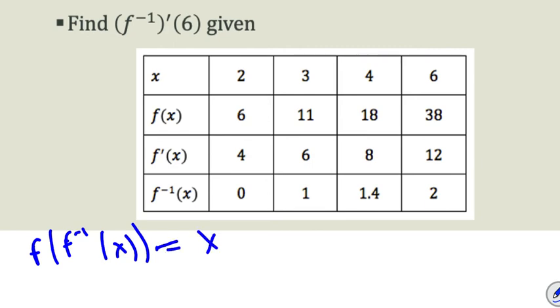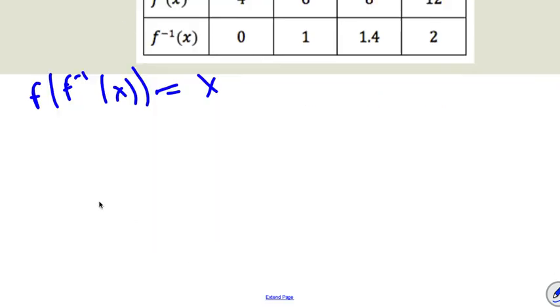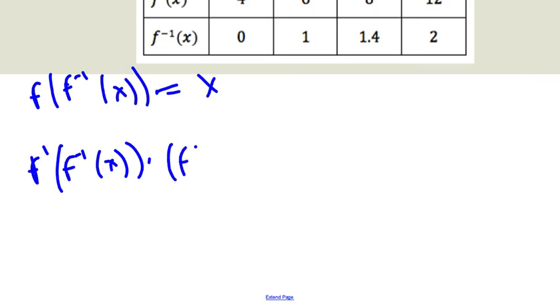So let's start this off. f prime of f inverse of x times f inverse prime of x equals the derivative of x, which is 1.